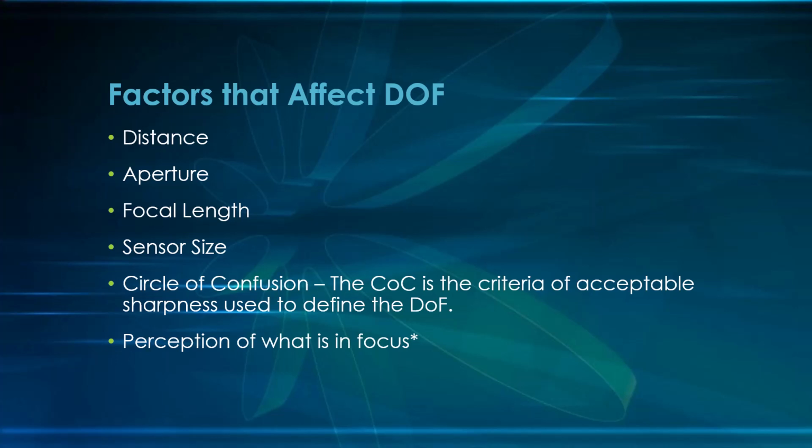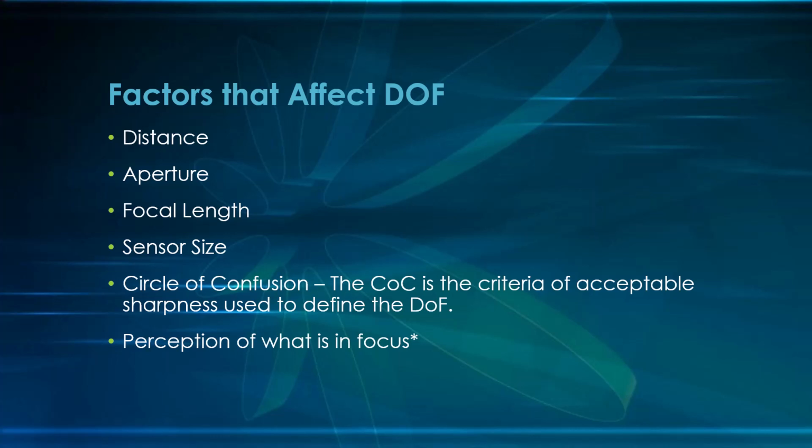I'm going to explain circle of confusion a little bit more, but all you need to remember is that in formulas that calculate depth of field, the circle of confusion is basically like a constant that's based on sensor size. So each sensor size has its own constant that is used for the calculation. But each sensor size not only has a constant that's used, but there are several different standards of what constant is used. So even the constant is not constant, if that makes any sense.